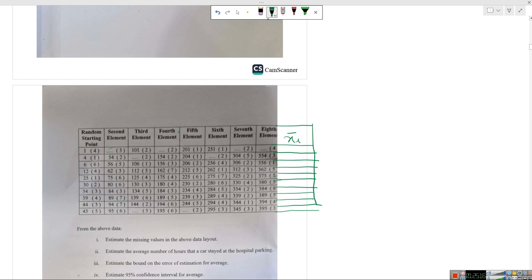You are supposed to add all these values given in the parentheses and divide by 8. So 4 plus 2 plus 1 plus 1 plus 2 plus 4 divided by 8, and you will get these values.